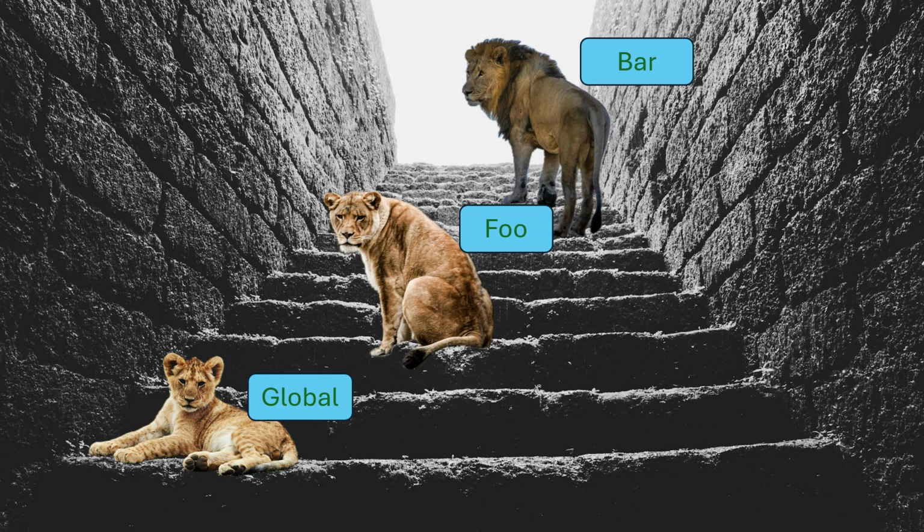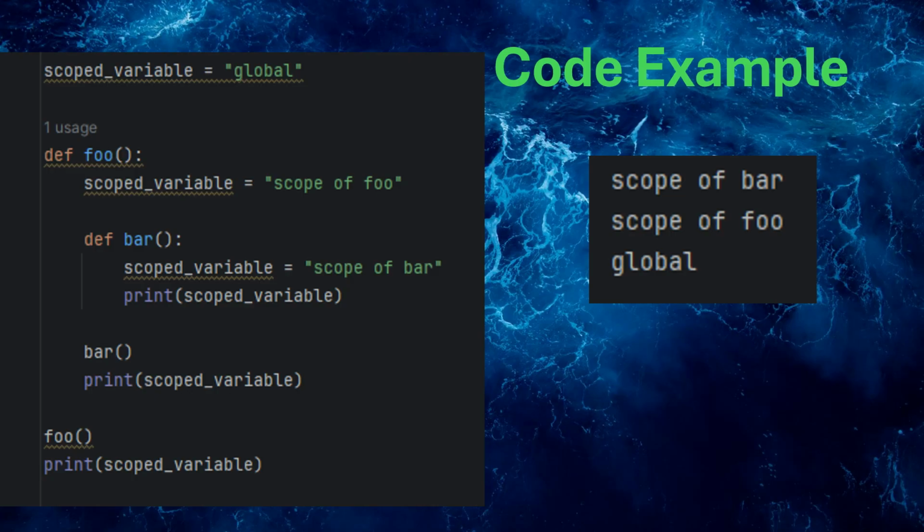So what does this mean? In our example, we can just replace these lion names with functions. So we think of the lowest one as the global scope, and then we have a function foo and a function bar. So we can see it here in the code basically. What's going to happen? We're going to assign a variable called scoped variable 3 times. So the first one, it's here in the global scope.